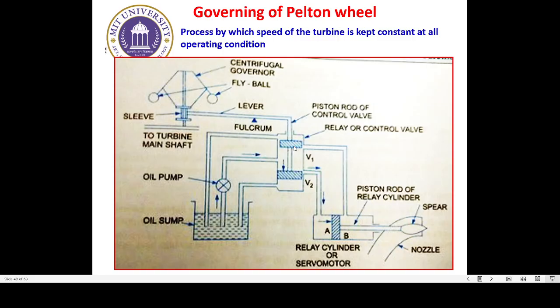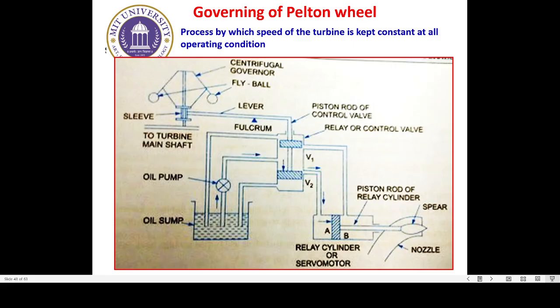As the sleeve moves up, the lever turns about the fulcrum, and the piston rod of the control valve moves in the downward direction. It means this piston rod is getting pushed downward, as shown by the arrow here.